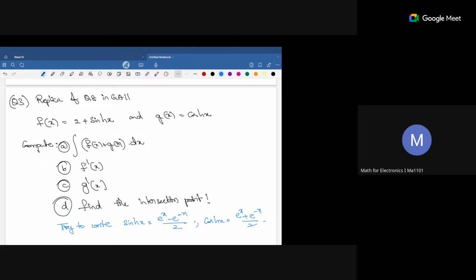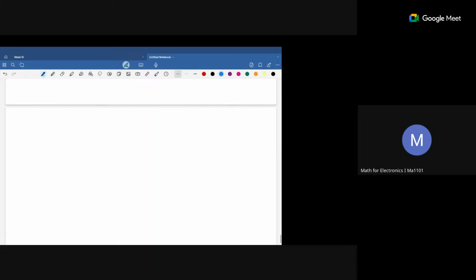I think most of you would have solved the first three parts, right? So just the integration. Just now we have discussed this, right? So f of x plus g of x is simply 2 plus sine hyperbolic of x plus cos hyperbolic of x. So you should also look into these kinds of functions. What will be sine hyperbolic of x plus cos hyperbolic of x?